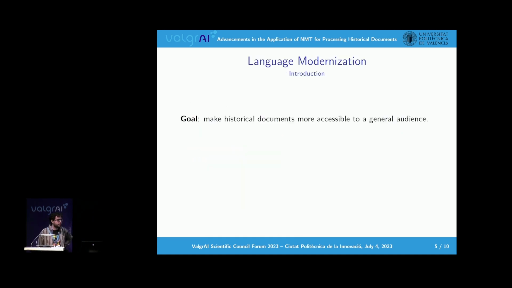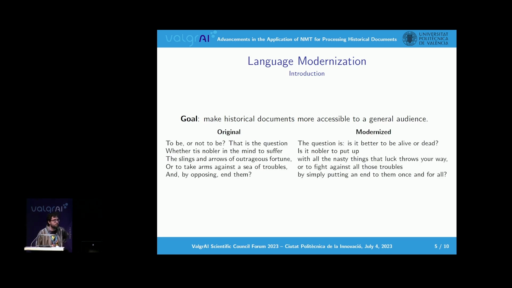The first task I'm going to talk about is language modernization. As I was saying, these documents are only accessible to scholars, since language has evolved too much and the general audience is not able to comprehend them. So what we propose is to generate a new version of the document written in the modern version of the original language.